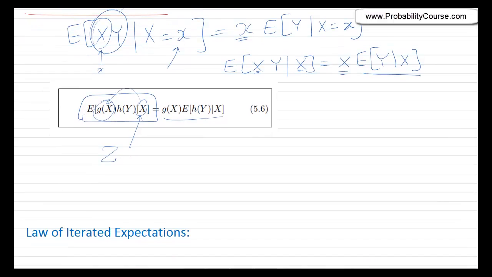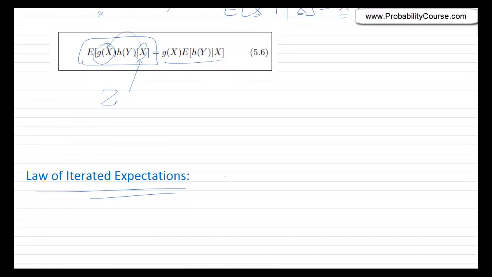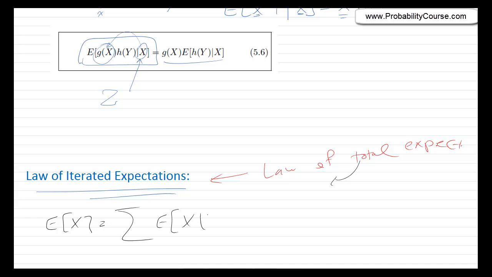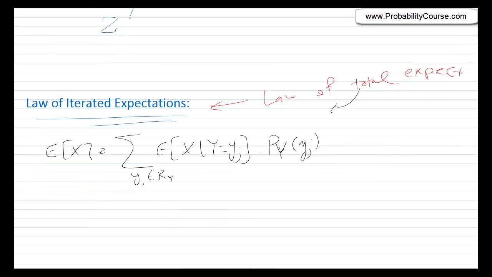Having discussed all of this, let's look at the law of iterated expectation, which is nothing but the law of total expectation that we discussed in previous videos, just using the new notation. Remember, in the law of total expectation, if you are interested in the expected value of the random variable x, you can write it as the sum of expected value of x given y equals yj, times py of yj, where the sum is over all possible values of y. Now, this thing here is a function of yj, as we discussed.